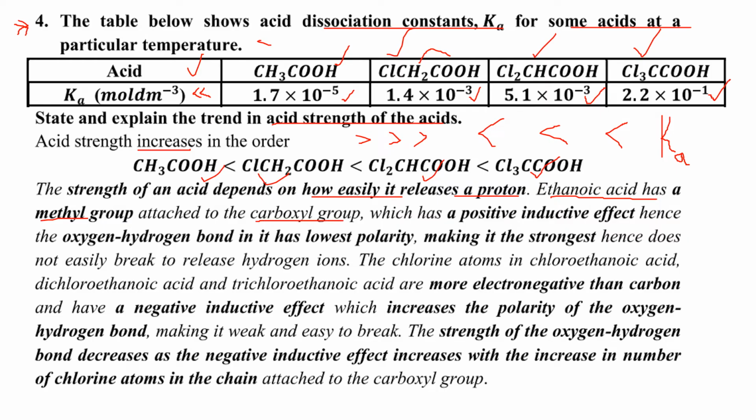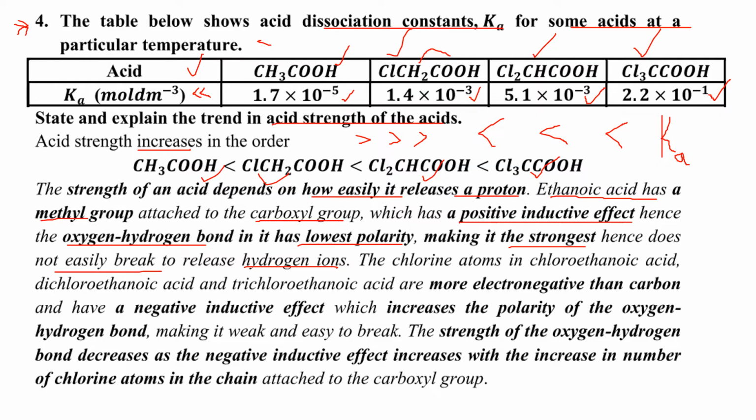The methyl group has a positive inductive effect, hence its oxygen to hydrogen bond has the lowest polarity, making it very strong, and therefore it is not going to easily break in solution to release hydrogen ions. And if a compound cannot easily release protons in solution, it is a very weak acid. The strongest acids are those that can easily release protons in solution.